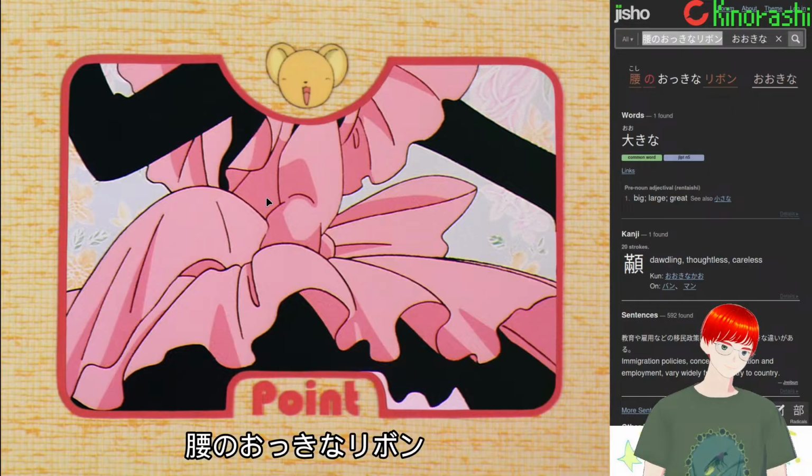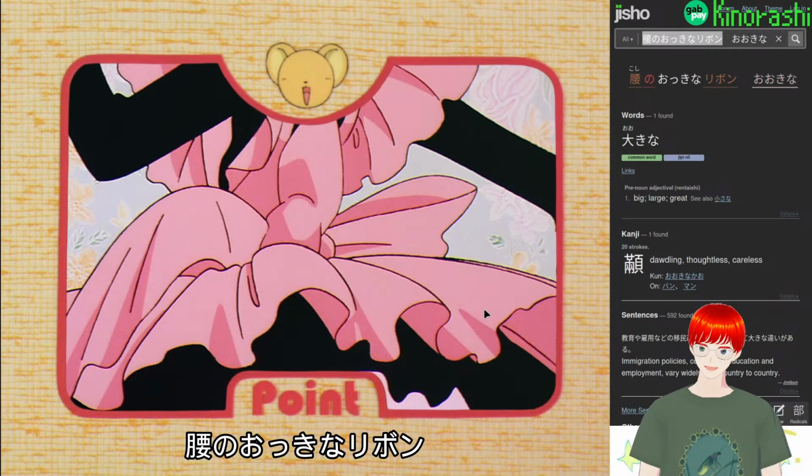You're correct. Okay. So a big ribbon around her waist or big ribbon on her back, I guess. Either one.